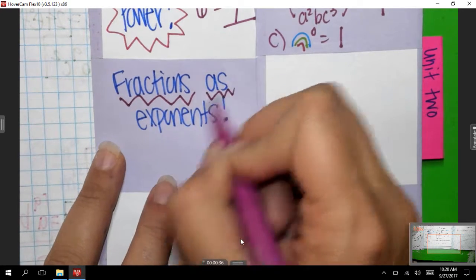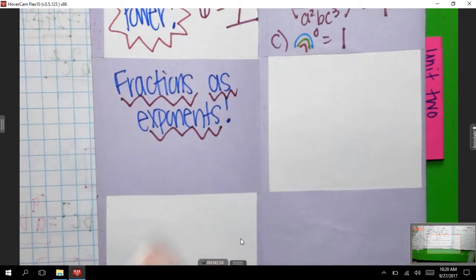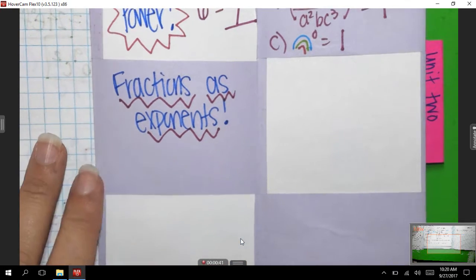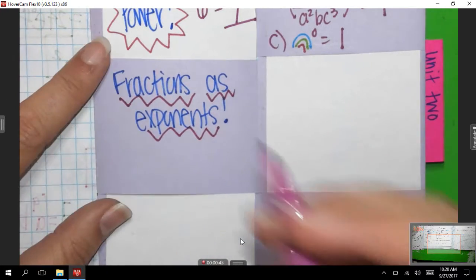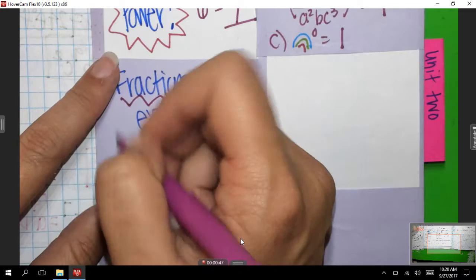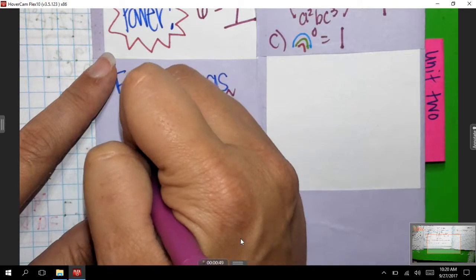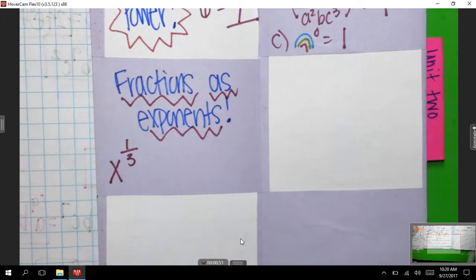When you have a fraction as an exponent, it does some crazy stuff. And it's called a rational exponent. So if I had x to the 1/3 power, it turns it into a radical.